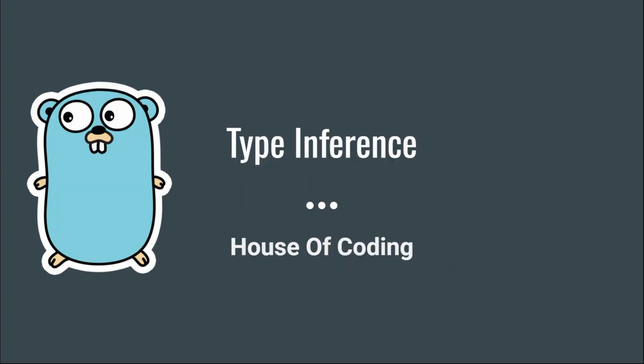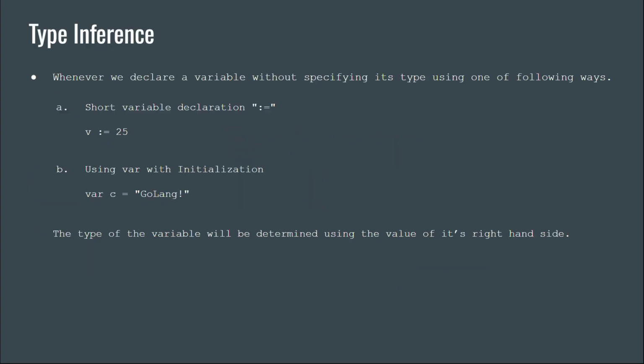Type inference in Golang. Whenever we declare a variable without specifying its data type using one of these methods, first one is short variable declaration, second one is using var for initialization, the type of the variable will be determined using the value of its right hand side.